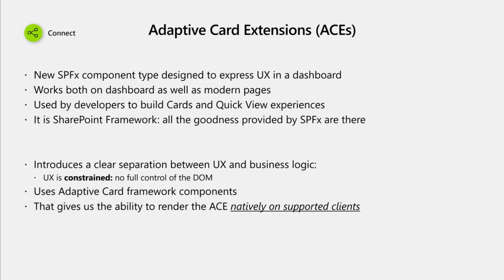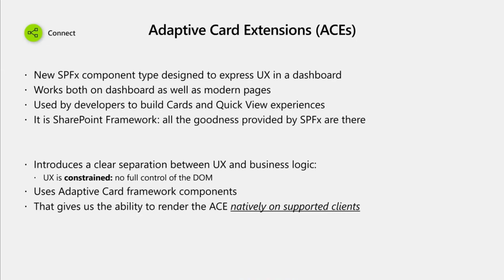So for that reason, we created a separation between data and UX. For the UX, we will use adaptive card for the quick view, and for the card itself, we still use adaptive card under the cover to build the card experience.